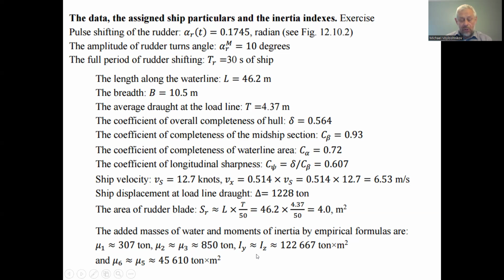The moments of inertia of the ship are the characteristic of the inertia, the rotation moment with acceleration around the transverse axis ordinata Y and around the vertical axis, yaw. The ship's own moment of inertia is 122,667 ton square meters. This is also from empirical formulas indicated in article 12.2.